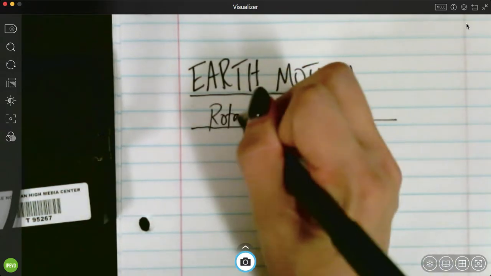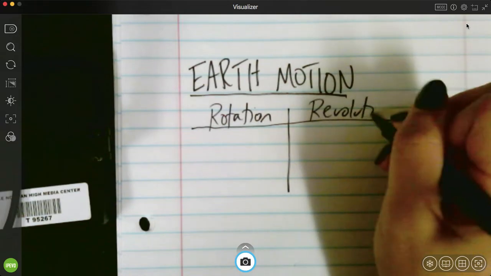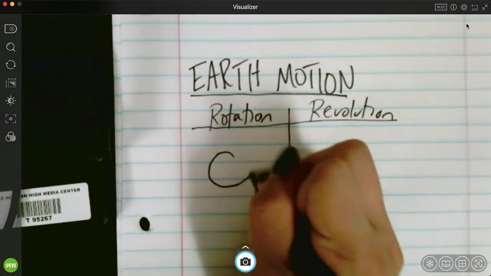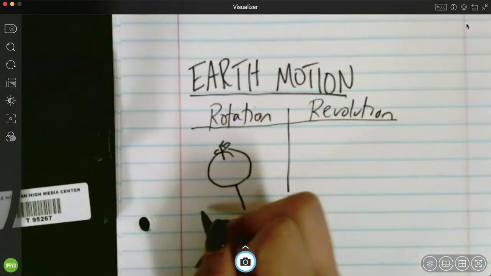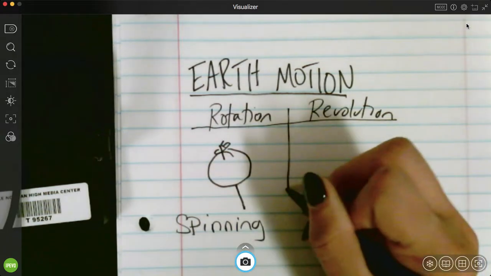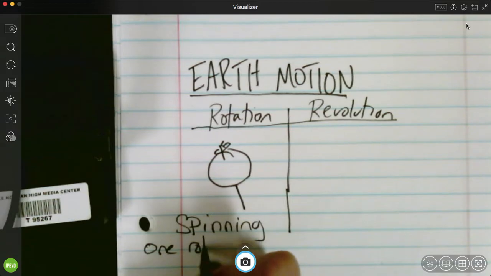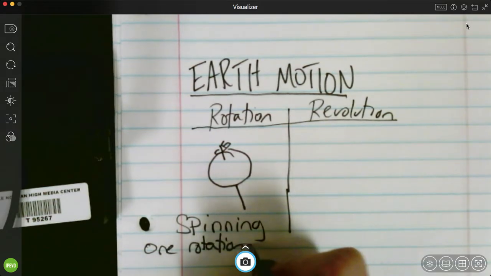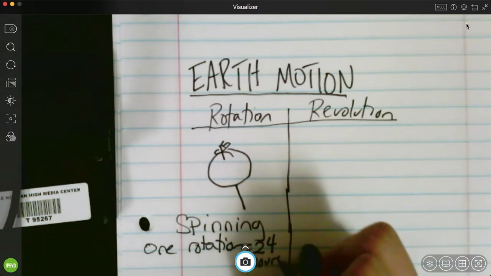We have rotation and revolution. So rotation, I'm going to draw a picture, is a spinning of Earth on its axis. One rotation is 24 hours.